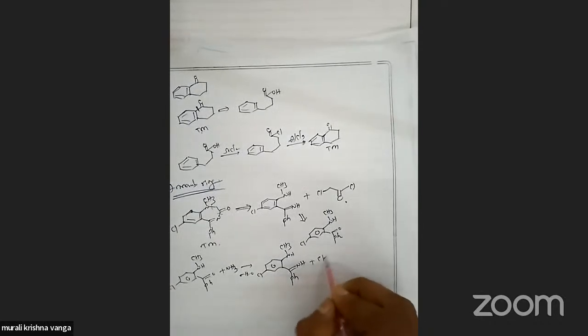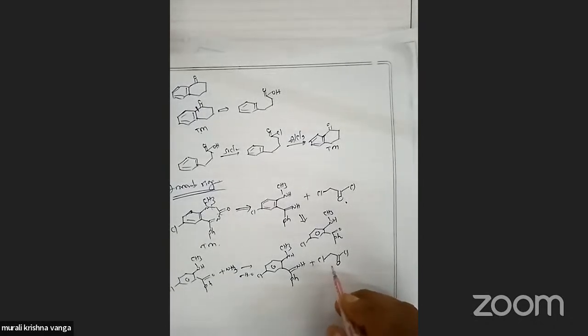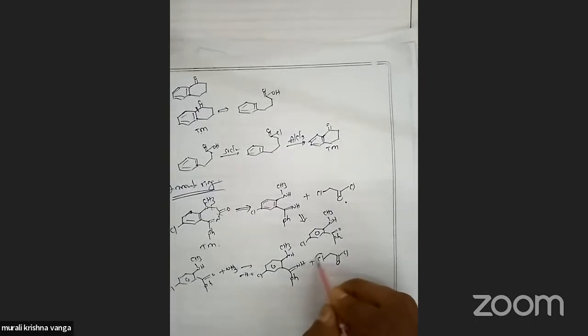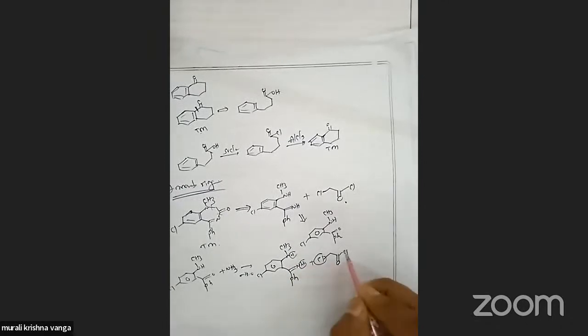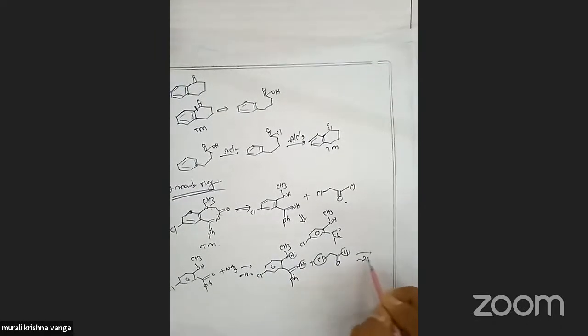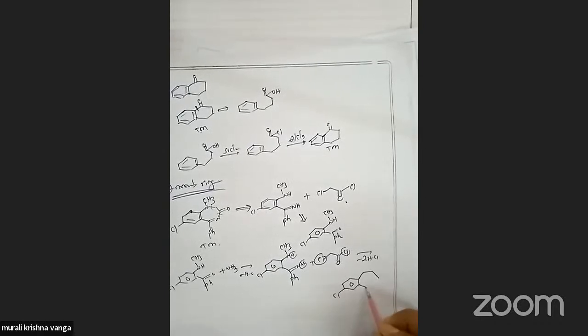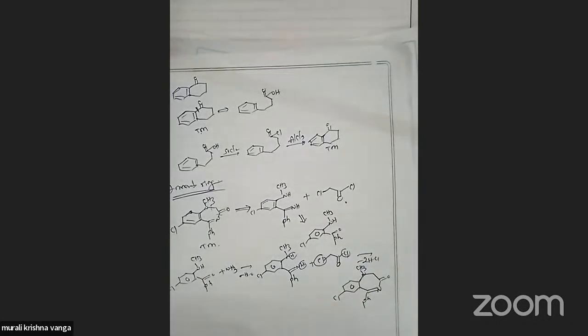This is when reacting with chloroacetyl chloride. So elimination of 2 moles of HCl, then produces our target molecule. This is the target molecule synthesized.